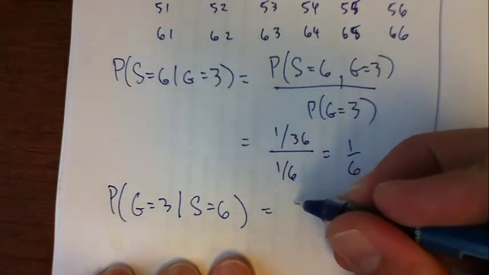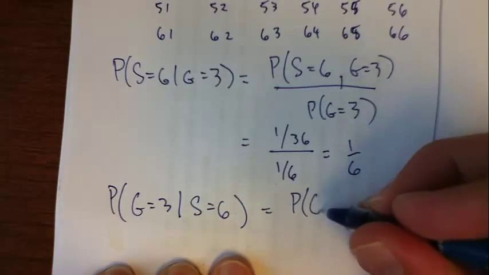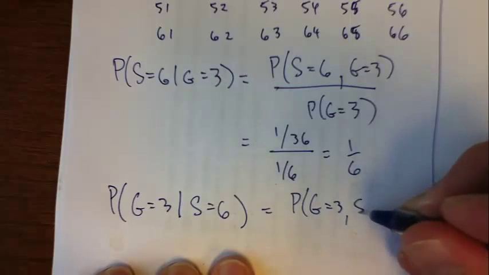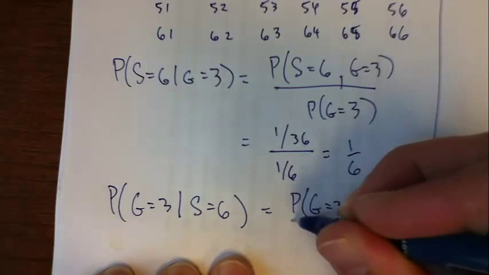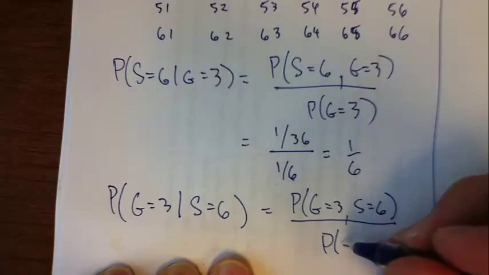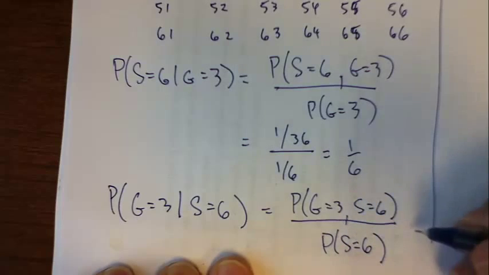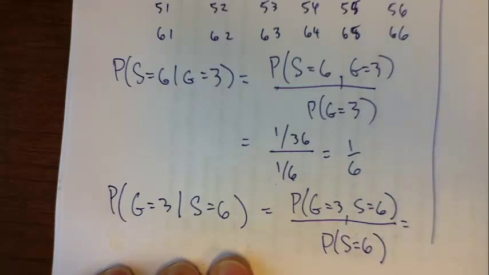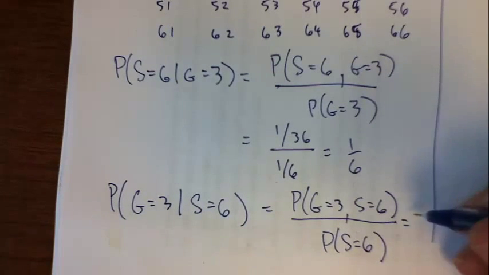And let's see. What is this? This is the chance that the green is 3 and the sum is 6 divided by the chance that the sum is 6. Okay. What's the chance that the green is 3 and the sum is 6? That's a 36th, right?